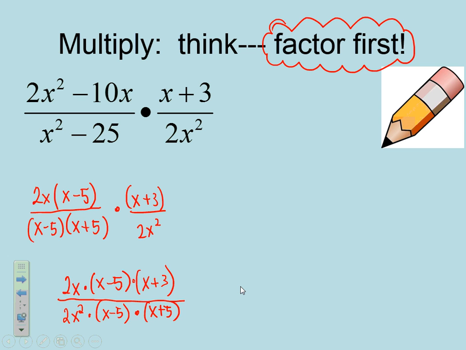Now, I have all the numerators on top being multiplied, all the denominators on the bottom being multiplied, and now I can cancel things that are factors. Okay, remember, don't cancel things that'll make you make a kitten die. We don't want any kitties dying, but we can cancel factors. So 2 divided by 2, oh, that cancels each other out.